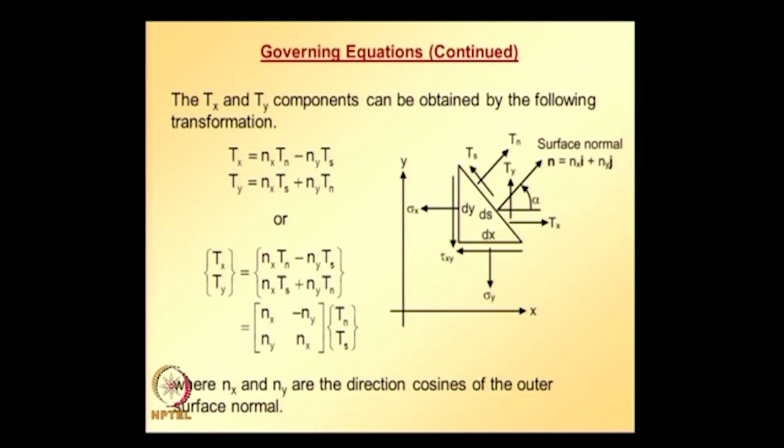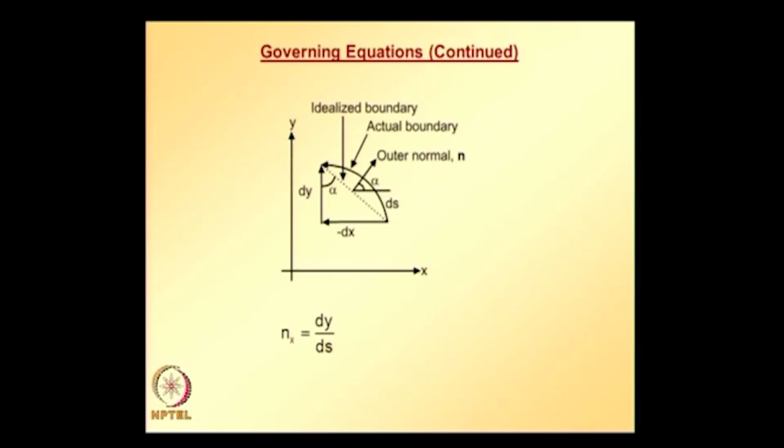If you know the length of the side of the element on which tractions are applied, we can easily calculate ds by knowing the extreme points of that edge. Once we know ds, we can calculate dx and dy. If we know alpha, we can also easily calculate n x and n y using these relations.